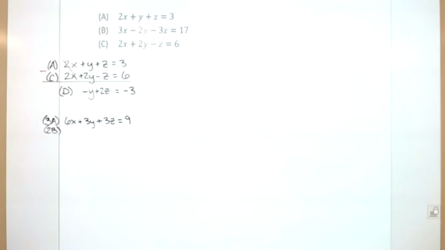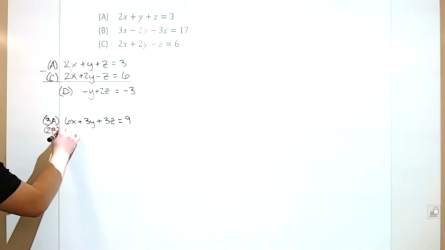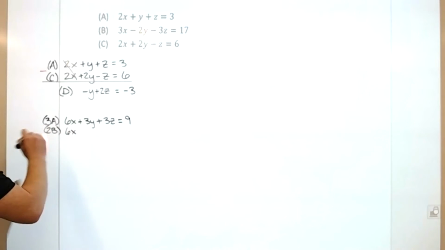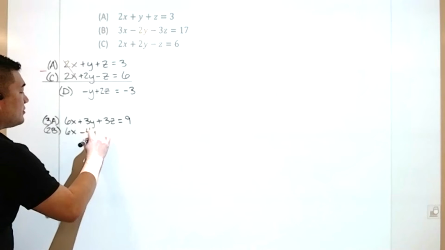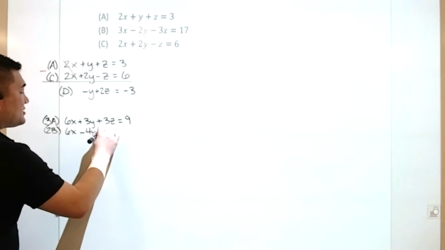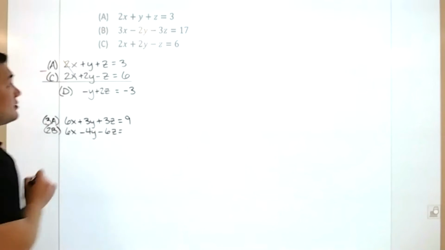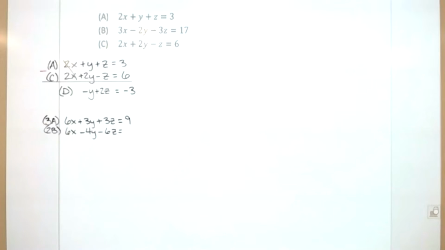And 2 times B means everything in B times 2, so that's 6x minus 4y minus 6z equals 34.